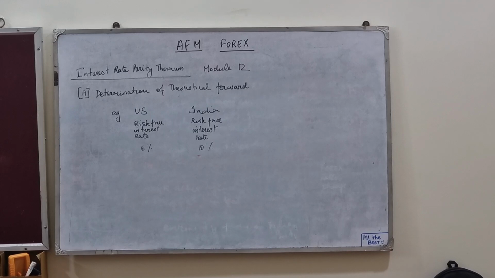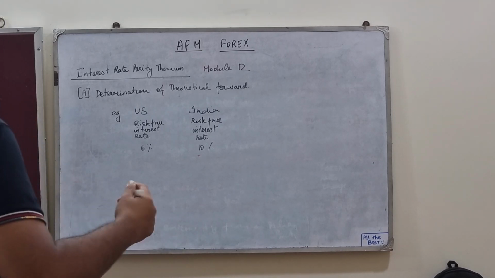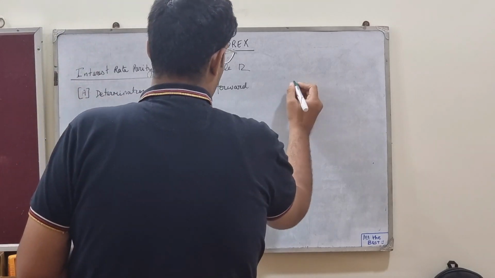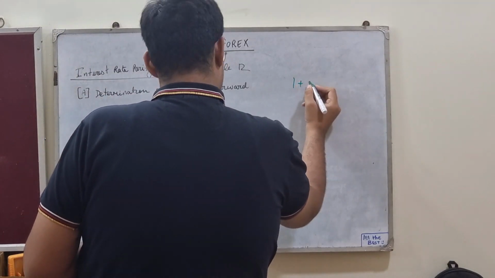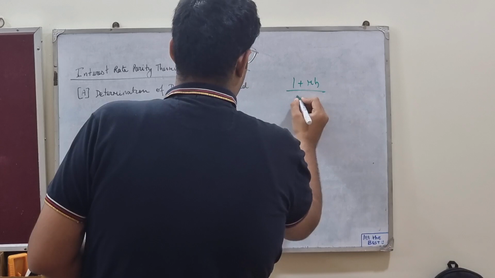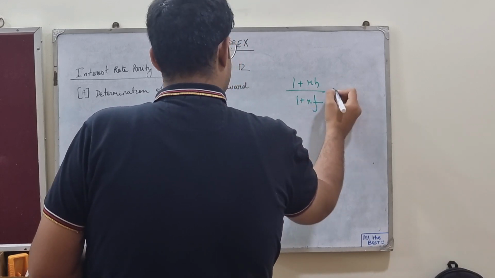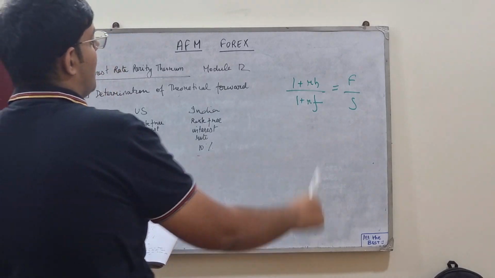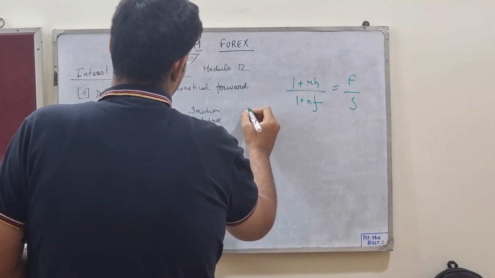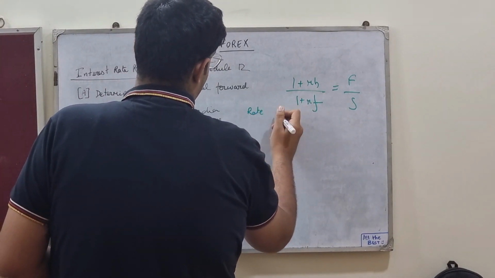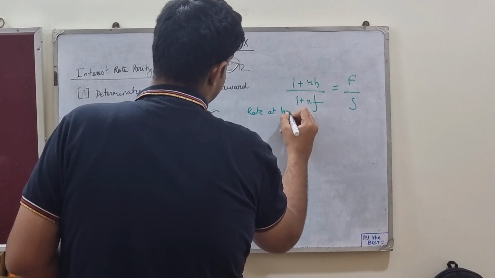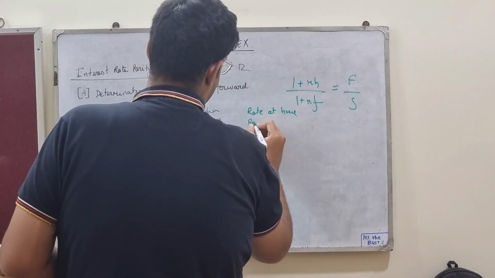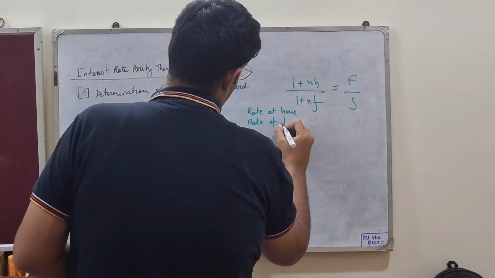Okay, we need the exam perspective of the answer. So there's a formula: (1 plus RH) by (1 plus RF) is equal to F by S. RH is the rate at home, which is 10% because India is the home currency, and then the rate at foreign, which is the US.